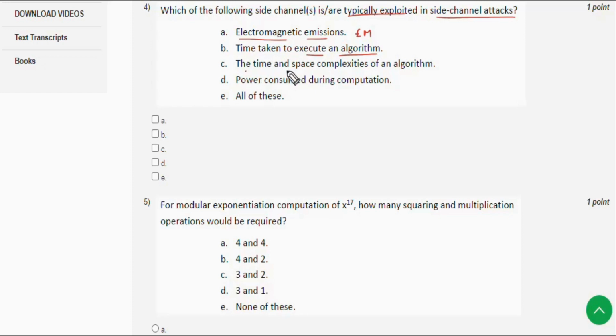Option C. The time and space complexities of an algorithm. Option D. Power consumed during computation. Here option A, B and D will be the answer. So I select A, B and D.